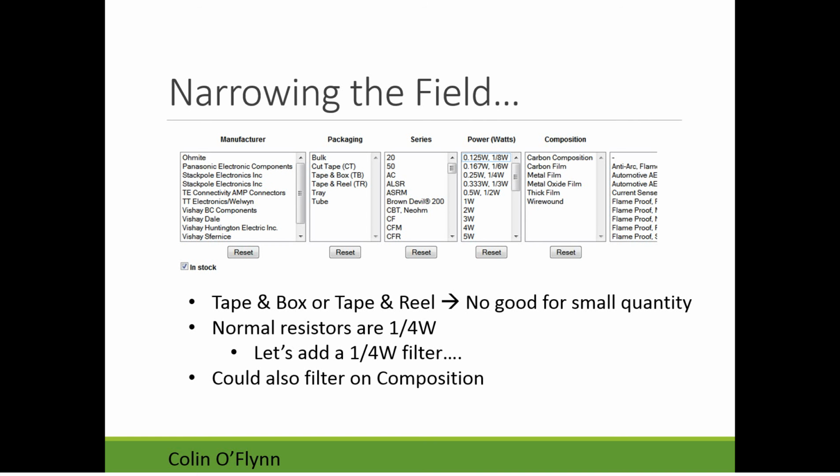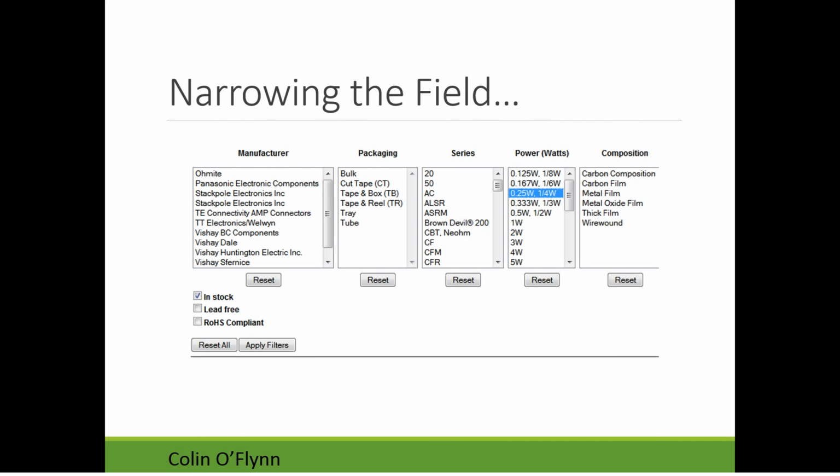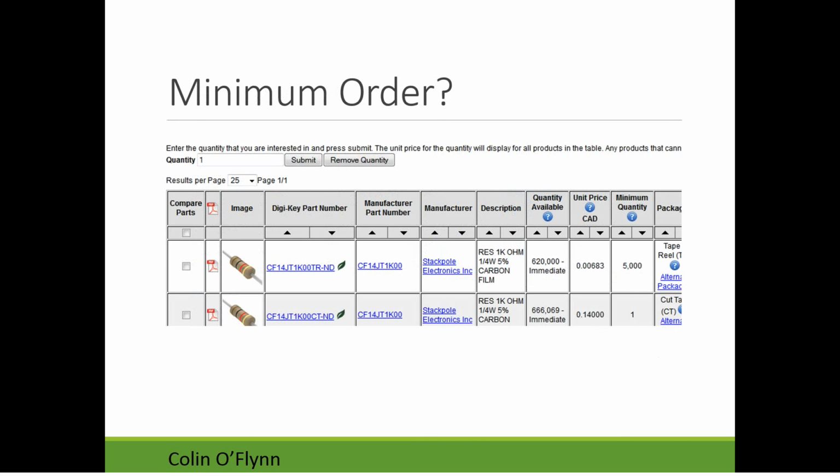That's not what we want. We could filter on what the resistor is made out of, if we knew what we cared about. In this case, I know that the standard size resistor is like 1/4 watt. That's how much power it can dissipate. We could filter on that. So I'll select that, add a filter, and we end up with a more reasonable count. I think there's like 20 at this point.